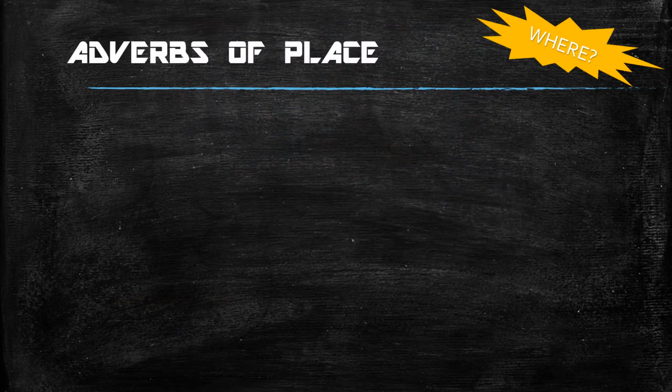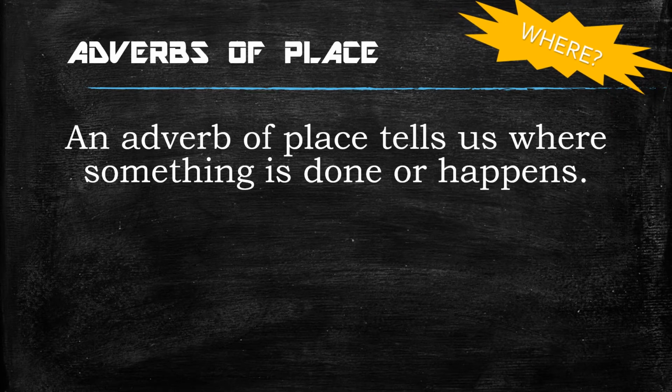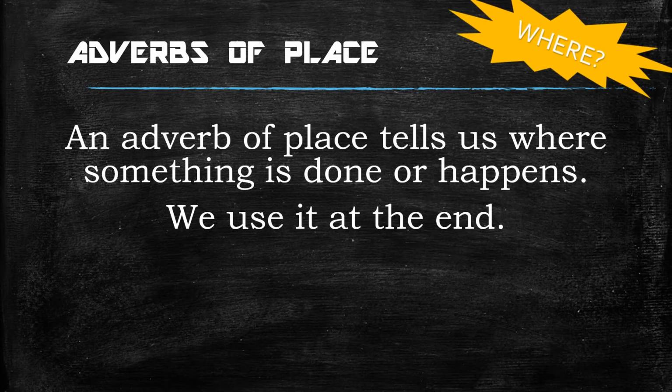Adverbs of place. These kinds of adverbs answer the question where. An adverb of place tells us where something is done or happens. We use it at the end.